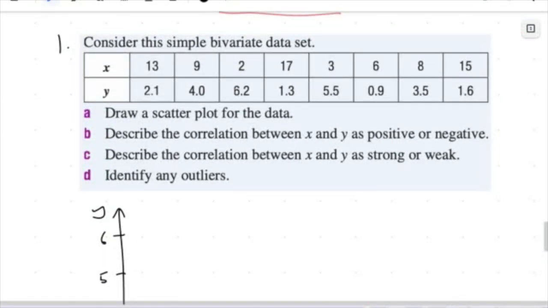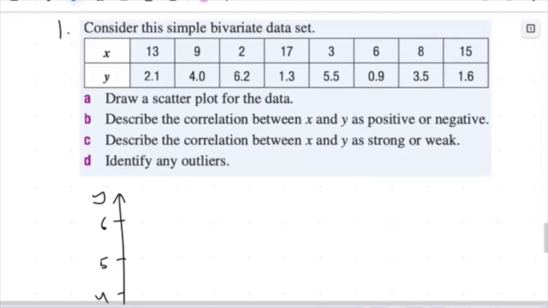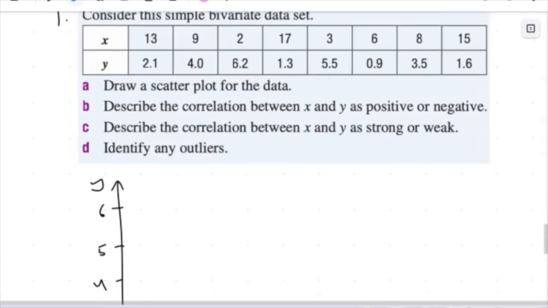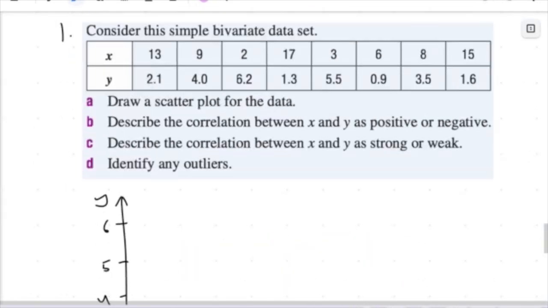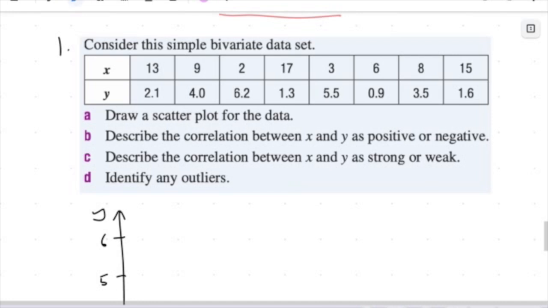We have a couple of values of x, this is one of my variables, and y is my second variable. So what we're doing, we're basically plotting the points on a number line. Let's just do it, because with a lot of this stuff, it's easier to go from smallest to highest. So we're going to start with x, and we're going to plot all of these points along here. This is the lowest x coordinate we have.